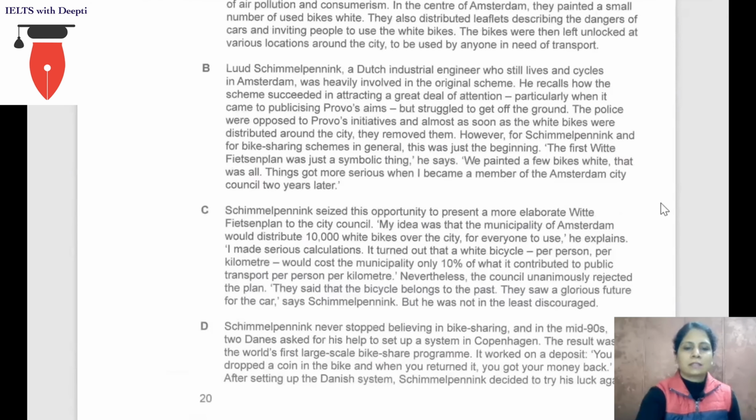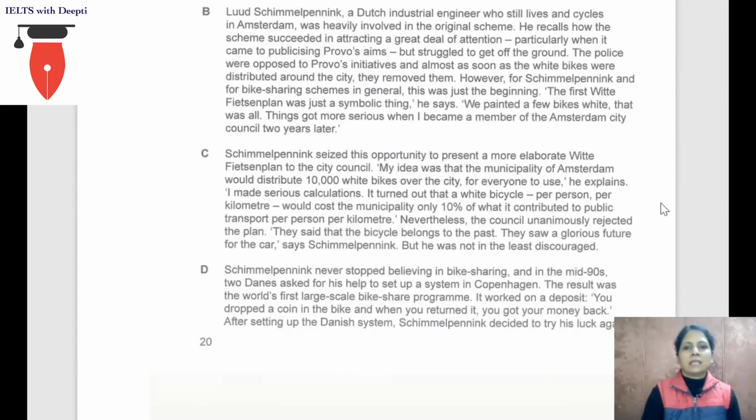And if you have read this, you will see in paragraph C, there is a presentation given to the city council, okay, wherein the bike proposal is given to them, which includes 10,000 white bikes.